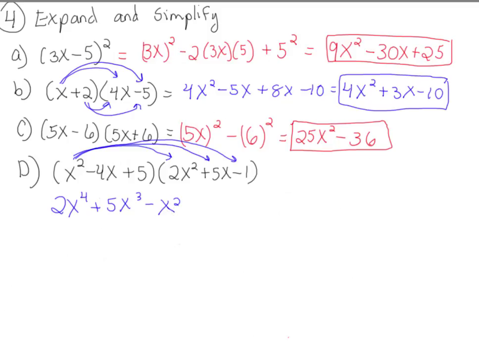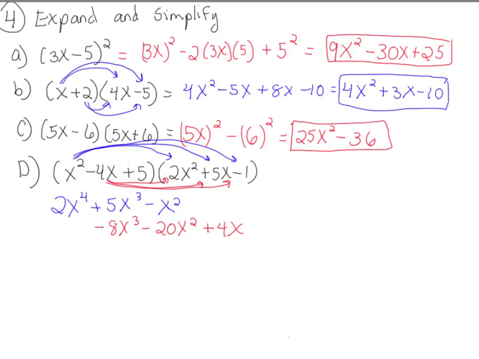Next, I want to take the negative 4 and distribute it to every term in the second set of parentheses. So that gives me a negative 8x cubed minus a 20x squared plus a 4x.